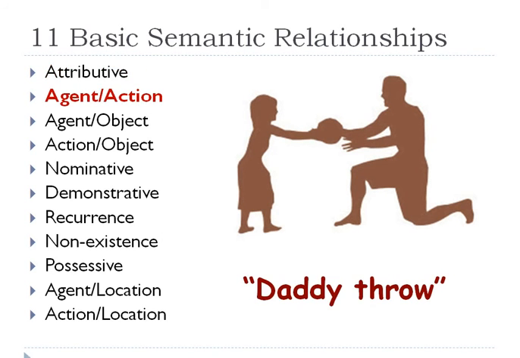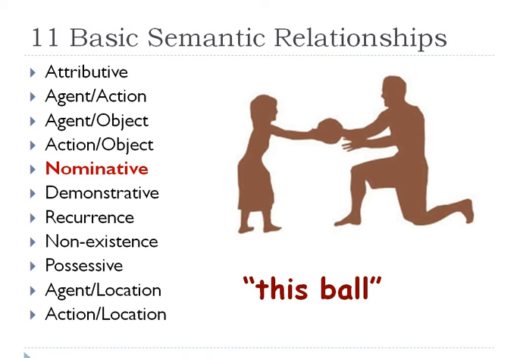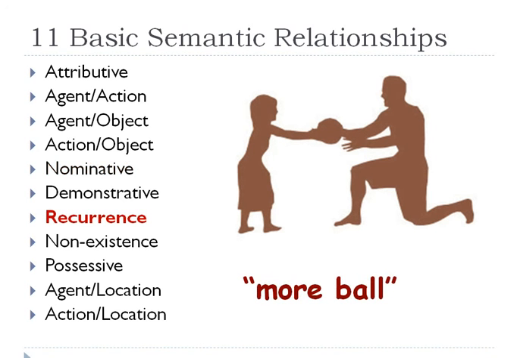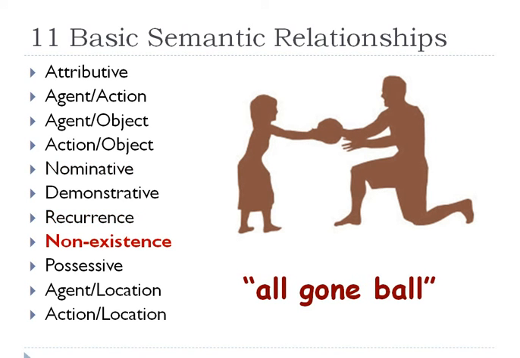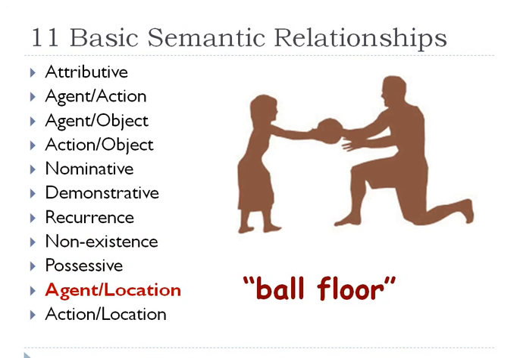An agent-action relationship talks about the person or the object and what actions are associated with it. Here's an action-object, catch ball. A nominative, this ball, you are declaring which one. A recurrence, more ball. A non-existence, all gone ball. A possessive, an agent-location, ball, floor.